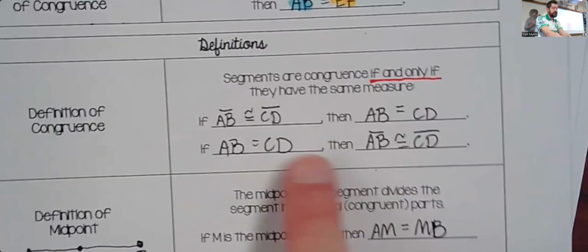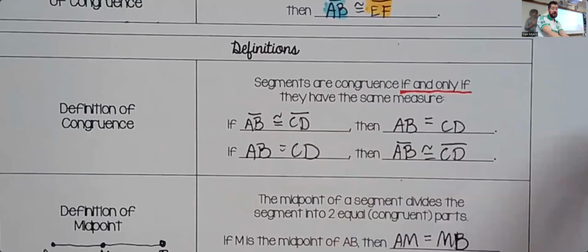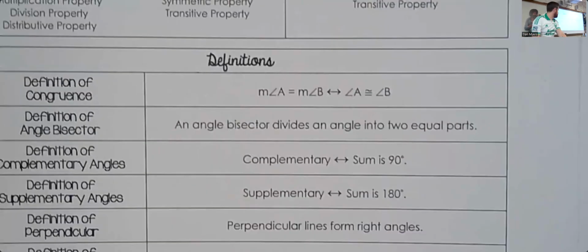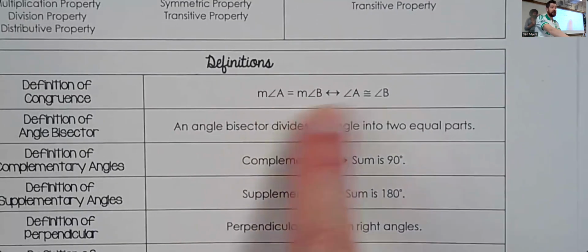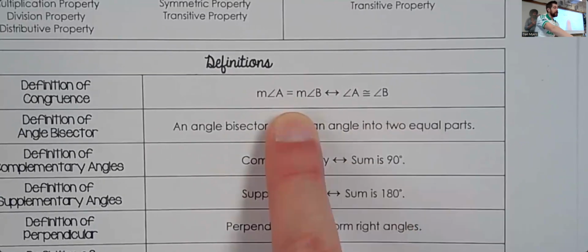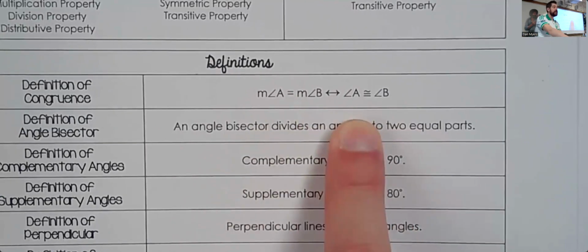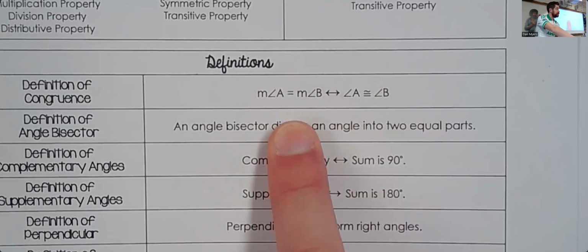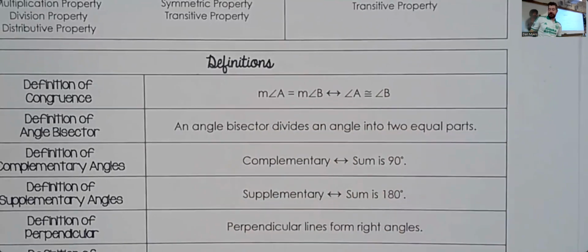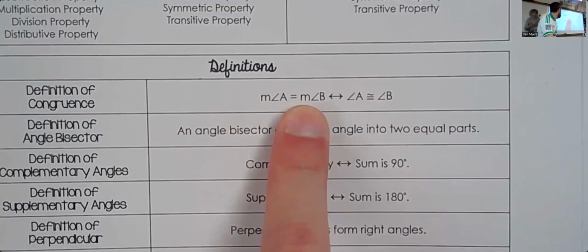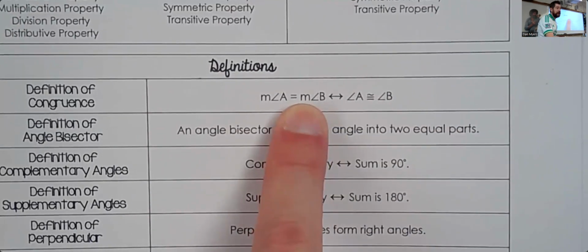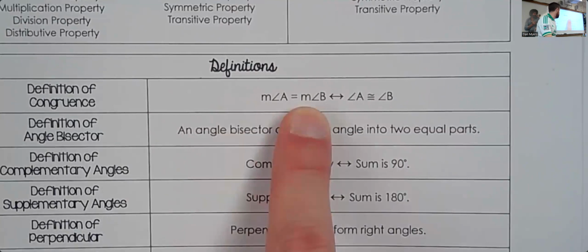If they're congruent, they're equal, and if they're equal, they're congruent. That's what the double arrow means. It means this statement can go either way. You can start with equals and go to congruence, or you can start with congruence and go to equals. If you are writing two angles equal to each other, please make sure that you use the little m for measure of. That means the number of degrees for A equals the number of degrees for B.